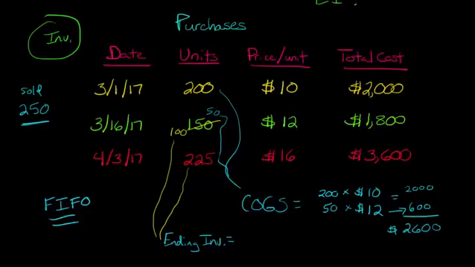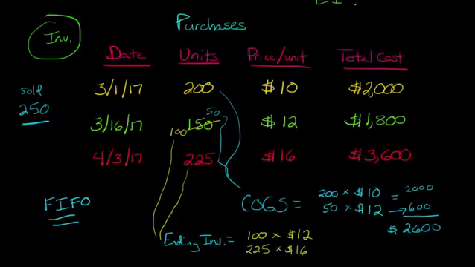So we've got the 100, and now we look, what price do those go at? Well, we bought those at $12 a unit. So now we're going to have that times 12. And then we've got the 225. So those 225 units, what price did we have per unit on that? We had 16. So we're going to multiply those 225 by the 16.